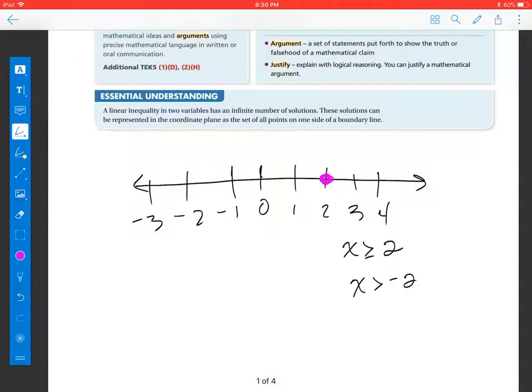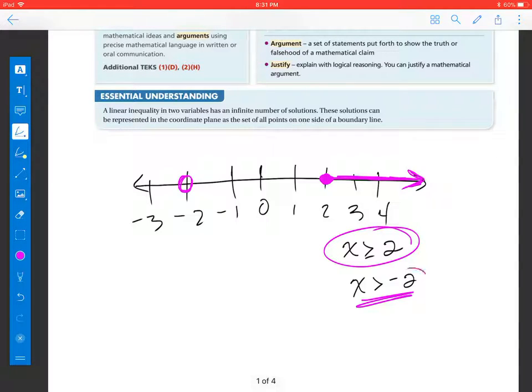For x greater than or equal to 2, I'm going to put a circle there, and it needs to be solid because it can equal that value 2.